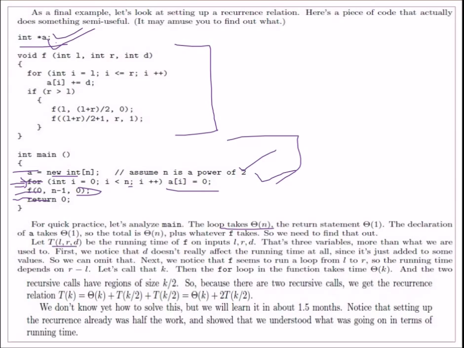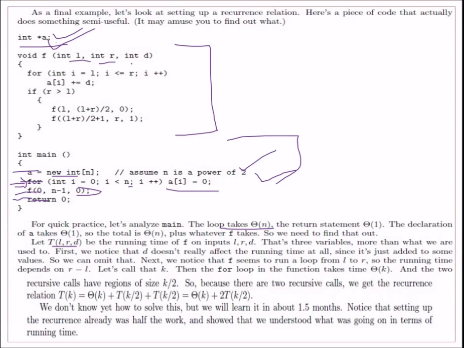Let us take T(L, R, D), the running time of f, that is the recursive function, on inputs L, R and D. That is 3 variables more than what we are used to. We notice that D doesn't really affect the running time at all.